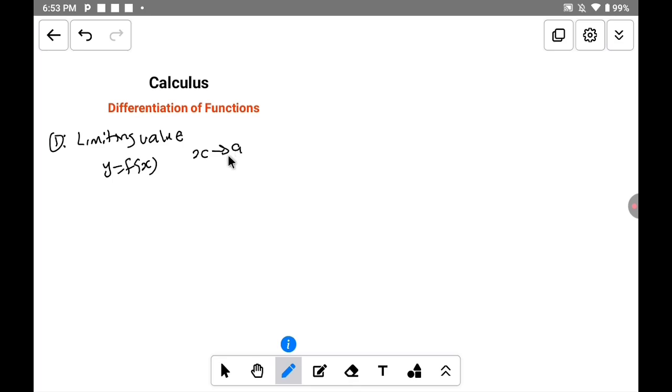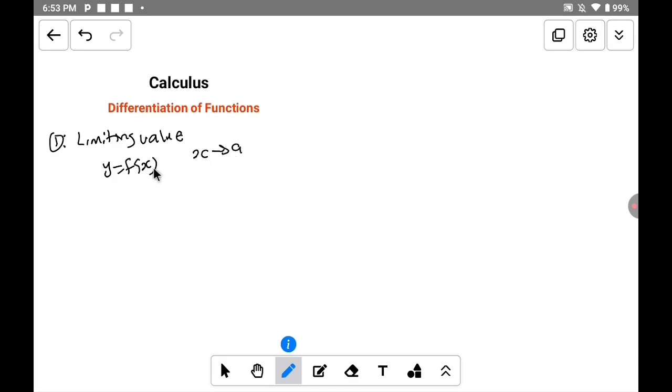A variable is just like a memory to store a certain number. This a represents a number which we don't know. That is called a limit. Maybe you're given a sequence from 1 to 100, or 1 to infinity. Instead of writing 1, 2, 3, 4 to infinity, which would take a lot of time, we can just limit that particular function.